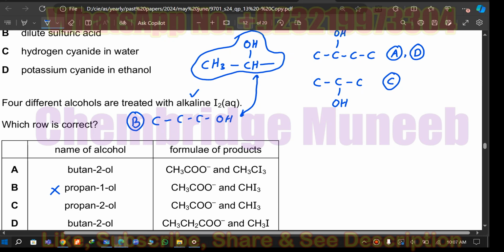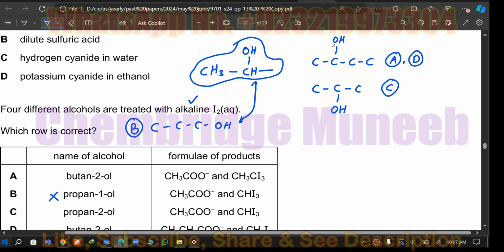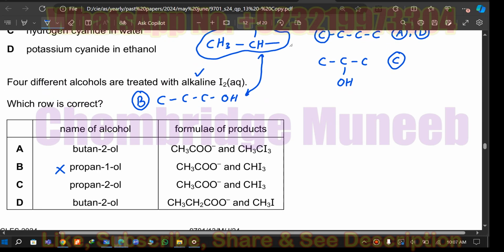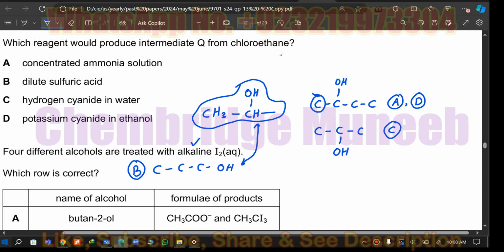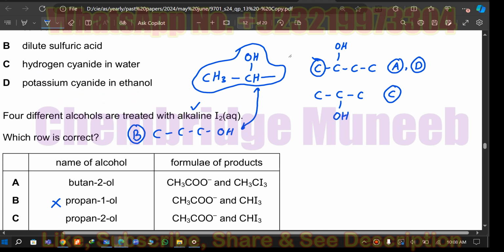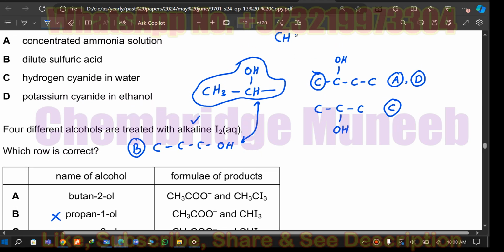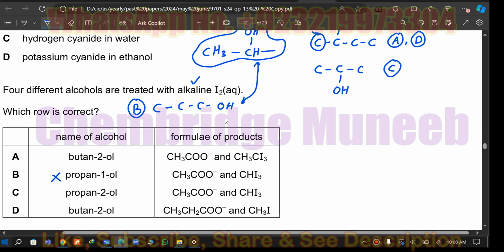When butane 2-ol reacts with this compound, we can see that this CH3 will be taken out for the haloform compound, triiodomethane, CHI3, which is needed from one methyl group.